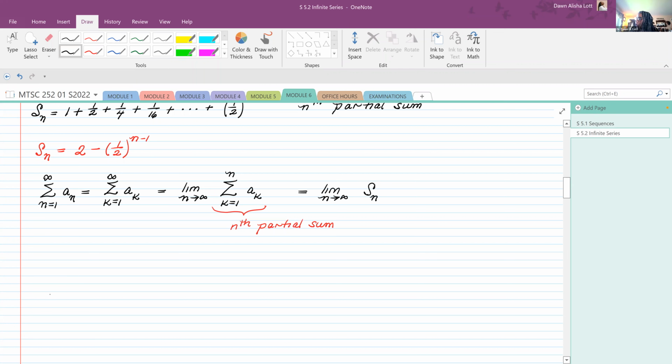Therefore we can define the sum k equals 1 to infinity of ak as the limit as n approaches infinity of the nth partial sum.